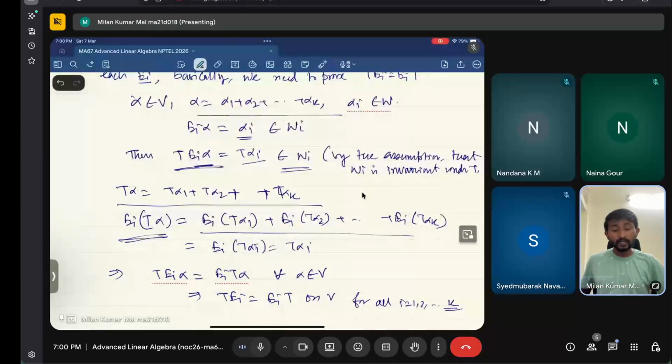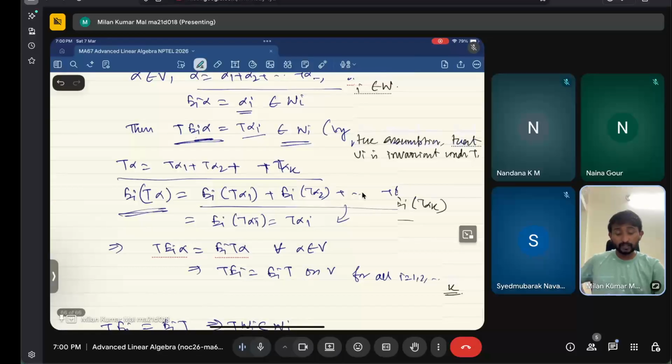That assumption is that T of alpha i is in Wi, because T maps every Wi to Wi. That fact is what is being used here. Ei will map only the T alpha i, and it will map all other entities to 0.